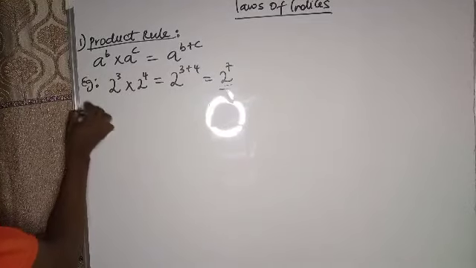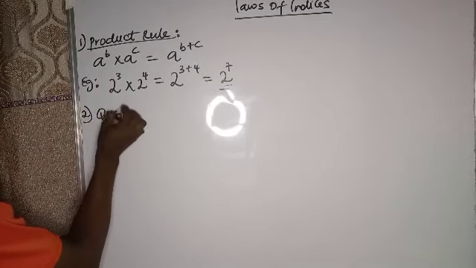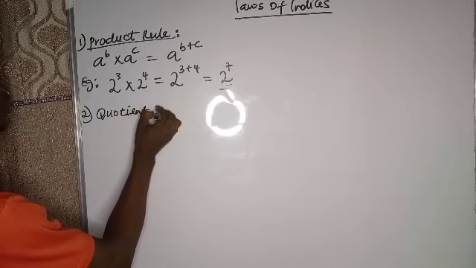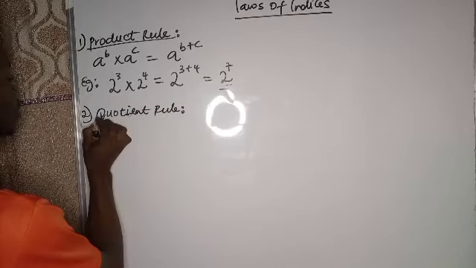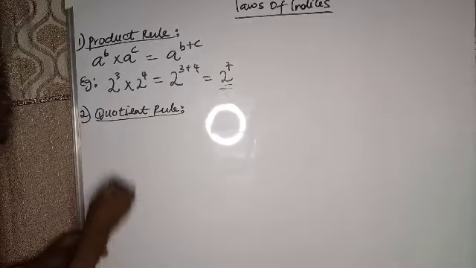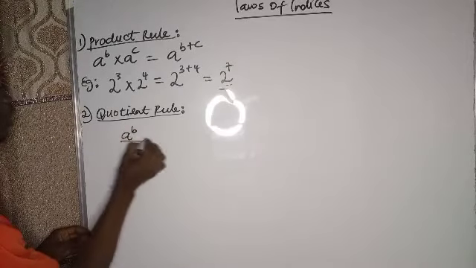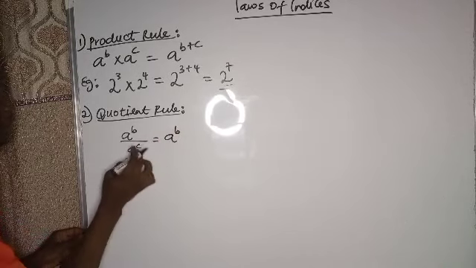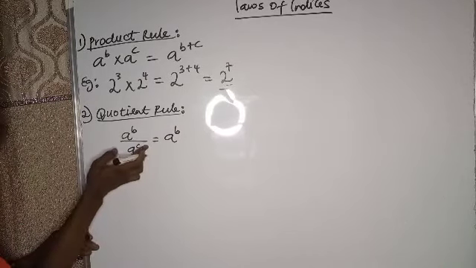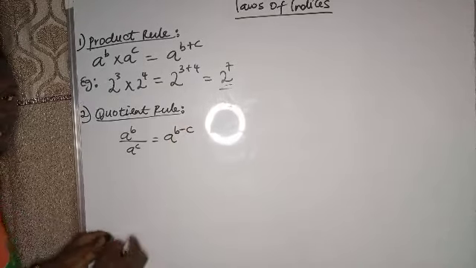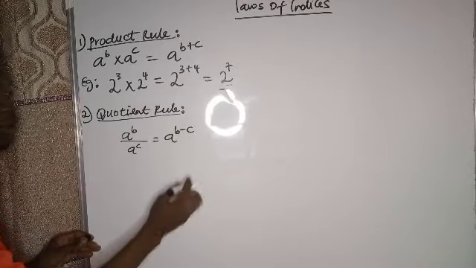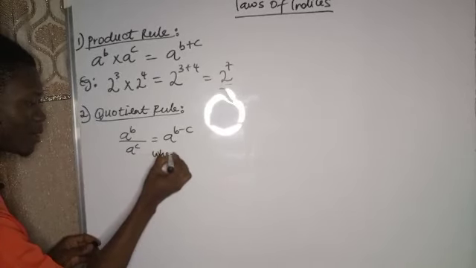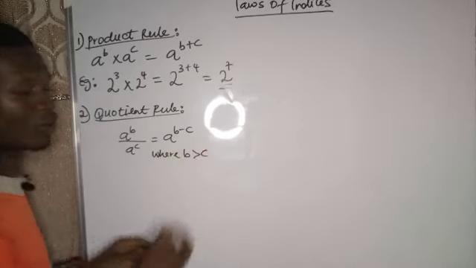So the number 2 law, we have the quotient rule. The quotient rule is telling us that if you have a raised to the power of b all over a raised to the power of c, then this is equal to a raised to the power of b, and the c will go up. When it crosses over this division sign, it will turn to minus. So it will be a raised to the power of b minus c. The criterion for this is where b is greater than c.